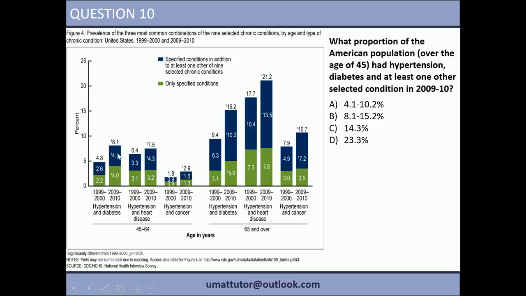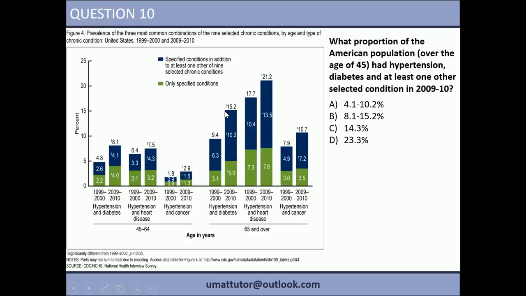This one here represents obviously the 45 to 64-year-olds, and this one is showing the 09, 010. And given we're just looking at people who have hypertension, diabetes, and one other condition, we're really just looking at the blue part of those two graphs. So the 4.1 here and the 10.2 here.